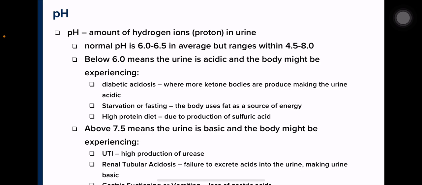And then a high fruit or vegetable diet, which means that you are consuming high potassium and magnesium intake via the food that you are consuming. So please take note that pH helps us connect chemical findings with metabolic or infectious states.